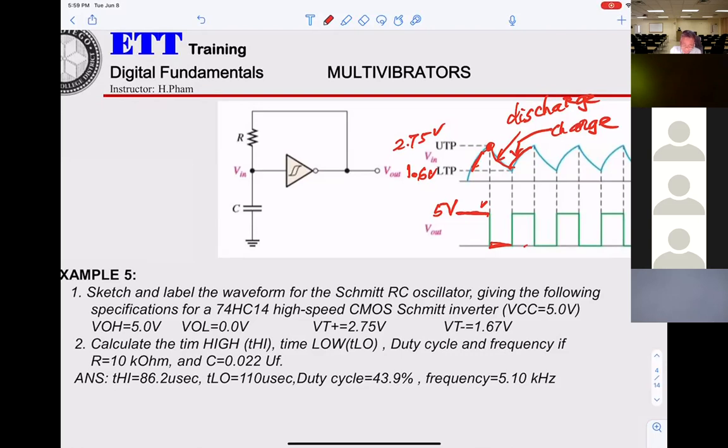And they want to calculate the time high, time low, and the duty cycle and frequency.